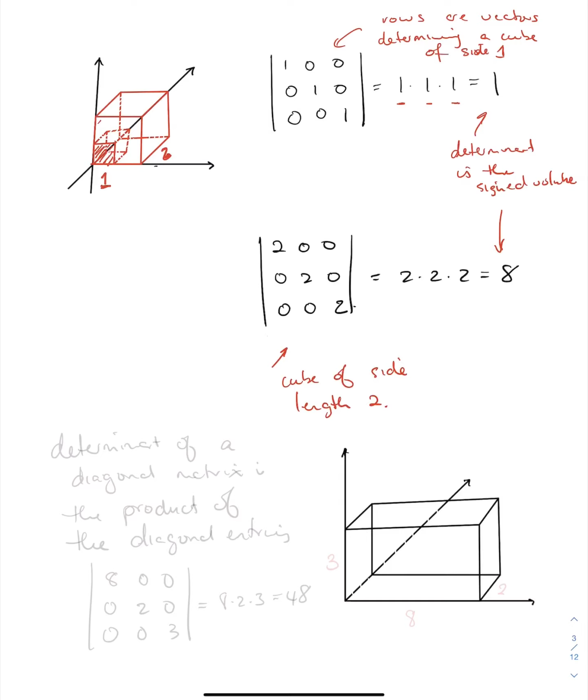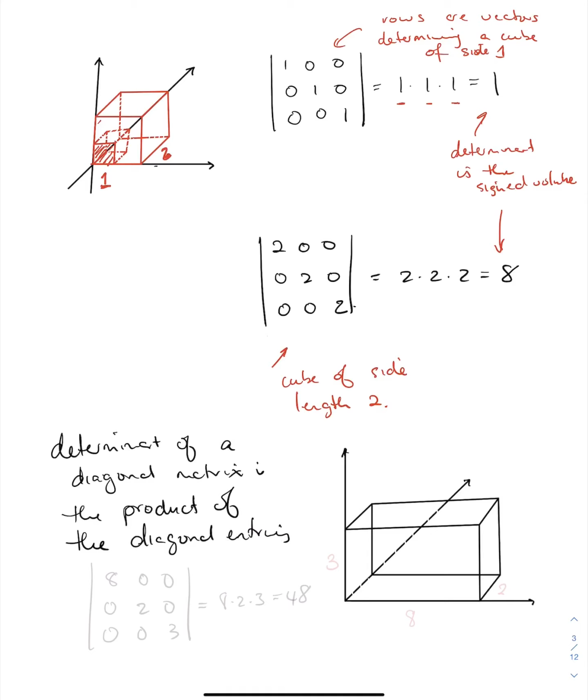We can extrapolate to things that aren't cubes. The determinant of a diagonal matrix is the product of the diagonal entries, as you know.